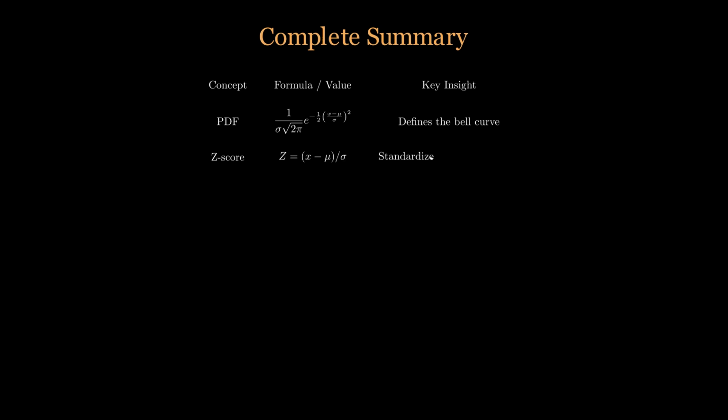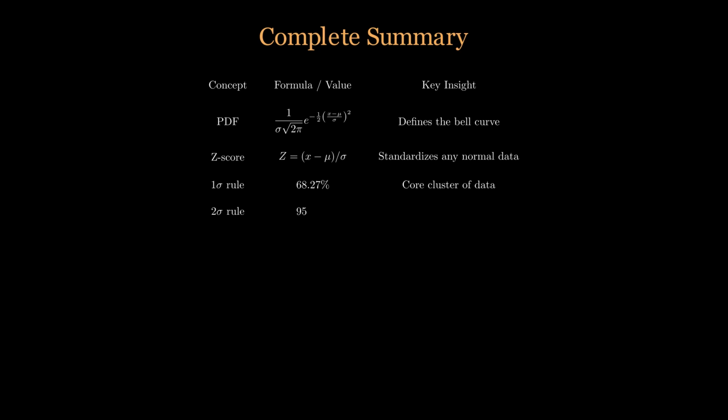Let's bring everything together in one reference table. The probability density function defines the bell curve's exact shape. The z-score formula standardizes any normally distributed observation. The three empirical rule values, 68, 95, and 99.7%, give you instant probability estimates within 1, 2, and 3 standard deviations.